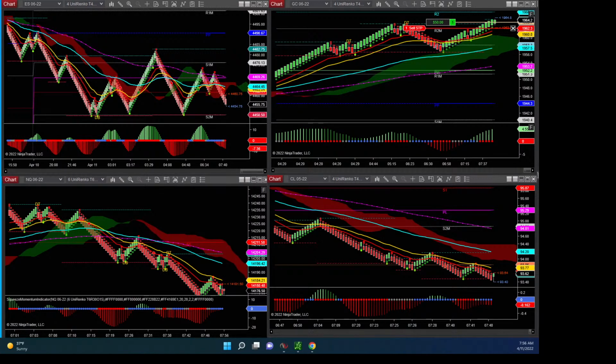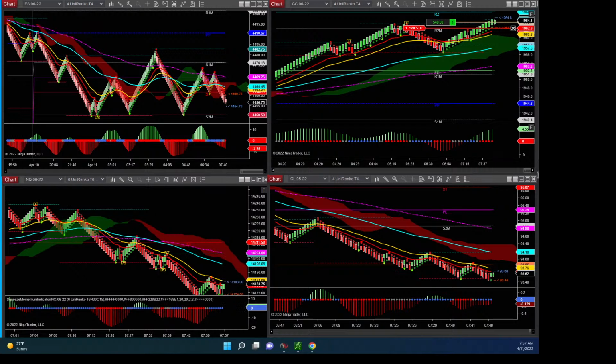ES is moving down. Very slow movement in gold.